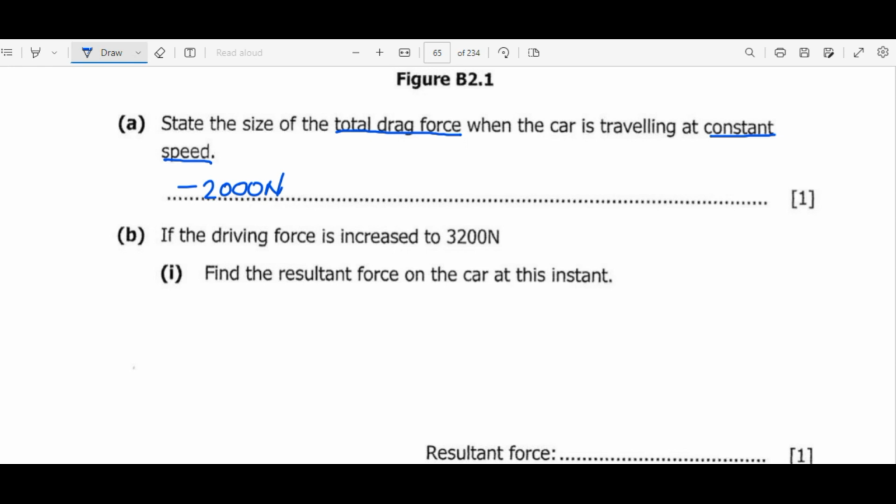If the driving force is increased, we are told it's like the driver pressed on the accelerator, the force now increases from 2000 to 3200 newtons. Find the resultant force on the car at this instant.